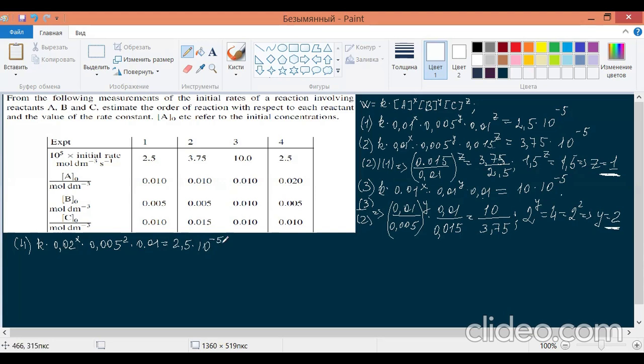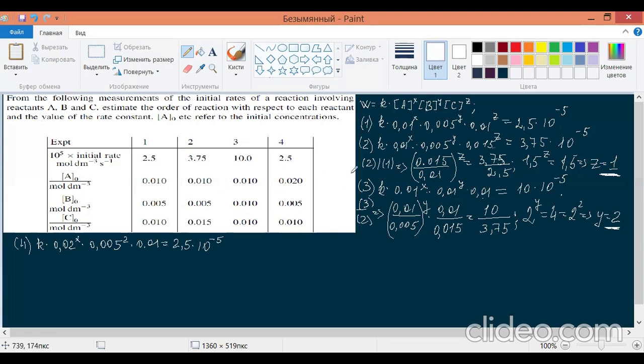Now, if I divide the third reaction by the fourth reaction term by term, we will get a nice thing, I guess.